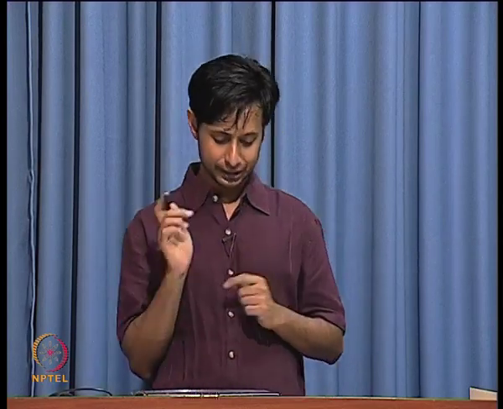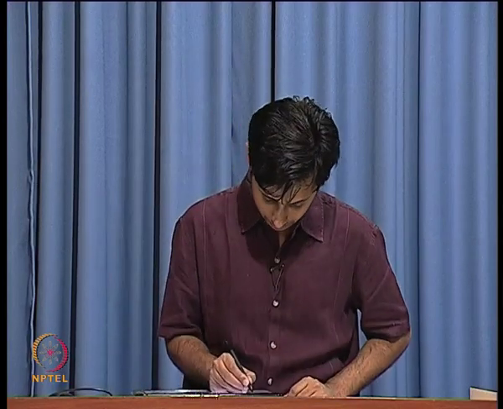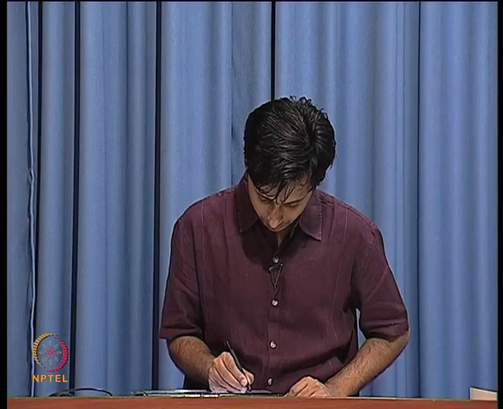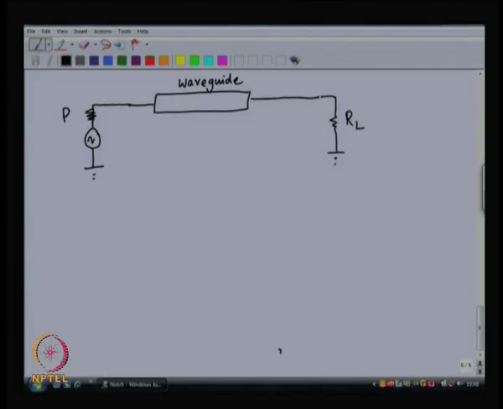A voltage source is inseparable from some source resistance. So, let us say I have a voltage source V s. This voltage source is inseparable from its corresponding source impedance, source resistance, that is R s.